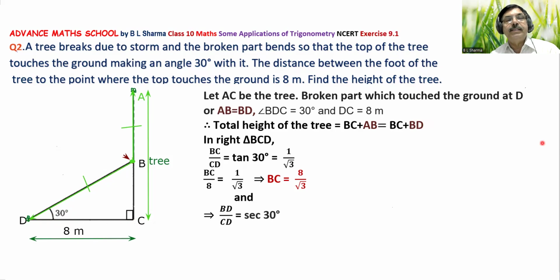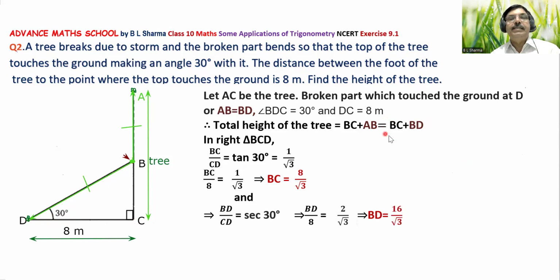Hypotenuse upon base is sec 30 degrees. BD is as it is, CD is 8 meters, and sec 30 is the reciprocal of cos 30, that is 2 upon root 3. So BD is equal to 16 upon root 3.